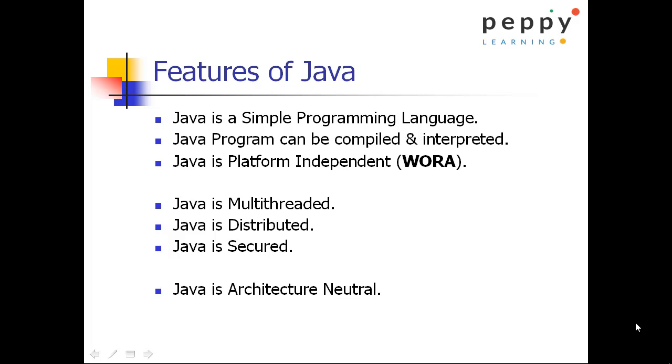It means if you are installing Java in any kind of machine, either 32-bit or 64-bit, you need not have any additional configuration for it to run. So it is called architecture neutral. Java is robust. As Java is converted into bytecode, which is nothing but a class file, then it gets executed. It is so strong that no one can read the machine language.